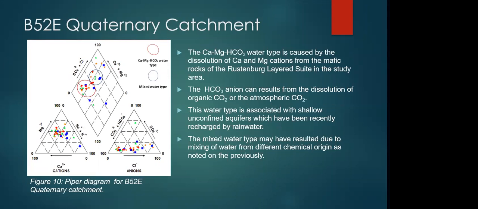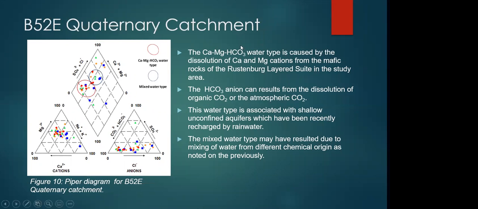So the B52E quaternary catchment has the calcium magnesium bicarbonate water type, as well as the mixed water type. But the mixed water type, as I explained on the previous slide, forms due to mixing of different water types. But then the calcium magnesium bicarbonate water type forms due to the interaction of the water with the mafic rocks, which leaches off the calcium and the magnesium ions.